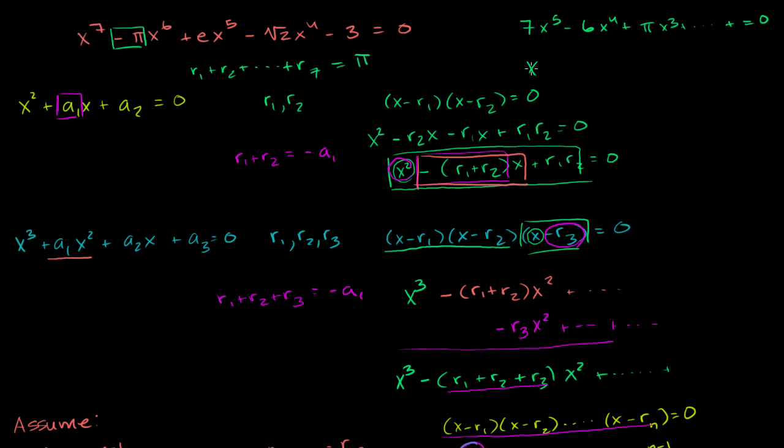So it becomes x to the 5th minus 6 over 7 x to the 4th plus pi over 7 x to the 3rd plus so on and so forth is equal to 0 over 7, which is just 0. And now you look at this polynomial. Well, the sum is going to be the negative of this coefficient here. So the sum of all 5 roots is going to be 6 over 7. Anyway, hopefully you enjoyed that.